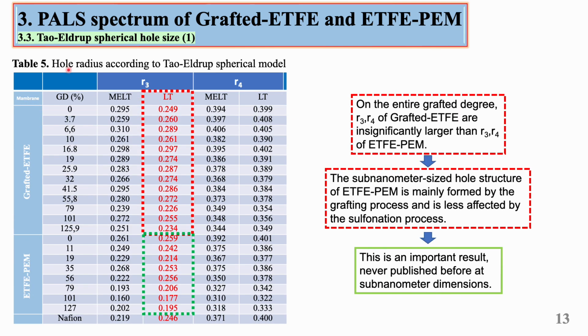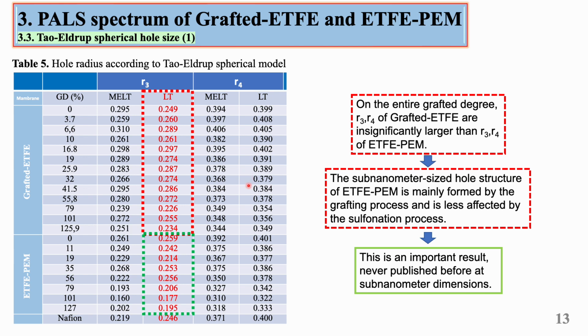Table 5. Hole radius according to Tao-Eldrup spherical model. On the entire grafting degree, R3 and R4 of grafted ETFE are insignificantly larger than R3 and R4 of ETFE PEM.